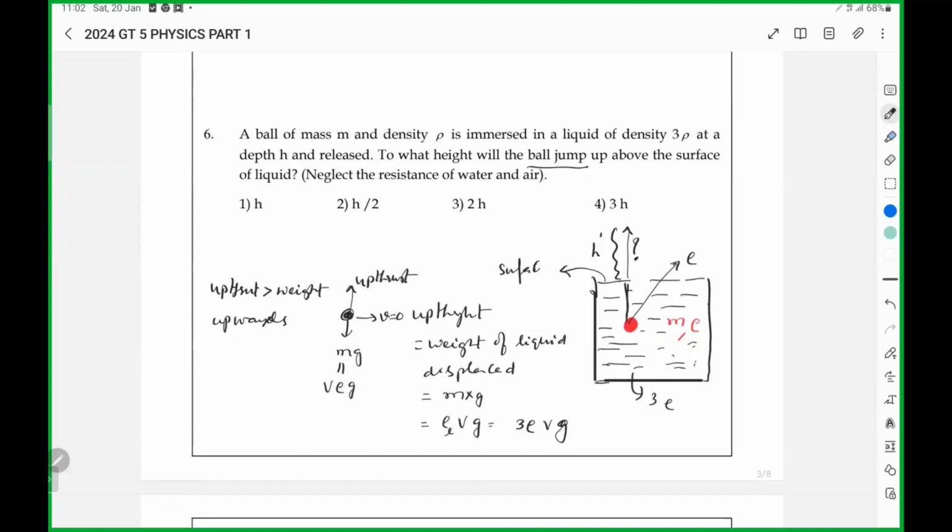Initially, velocity is 0. Let us say it is at height h. To reach height h, with what acceleration does it move? Net force will be 3 rho Vg minus rho Vg, which is 2 rho Vg.